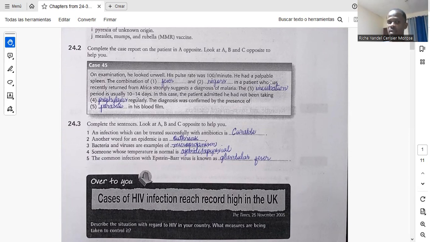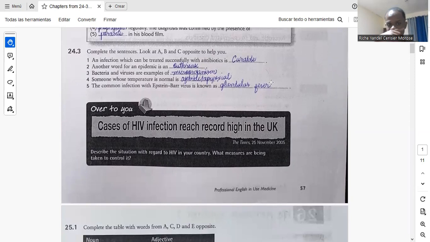The incubation period is usually from 20 to 24 days. In this case, the patient admitted he had not been taking prophylaxis regularly. The diagnosis was confirmed by the presence of parasites in his blood film.